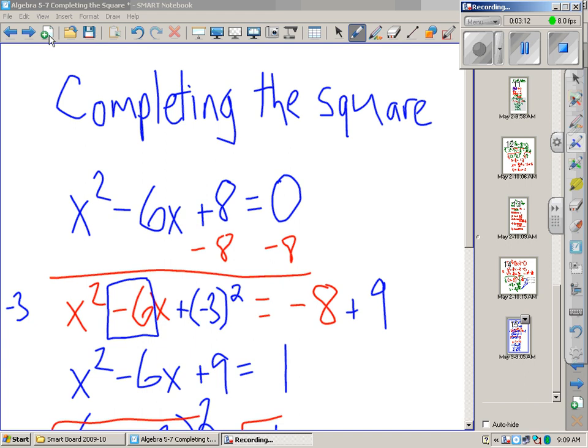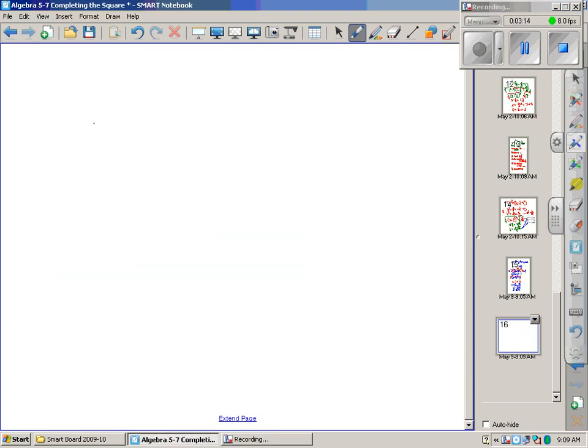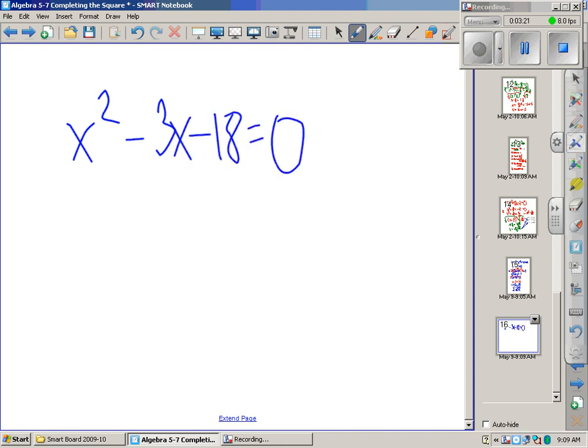Okay, so next we're going to try another one that we'll eventually figure out does factor. But this is a good one to practice because when the b term is not even, it gets a little bit harder, but it's still doable. So the first step is we add 18 to both sides.